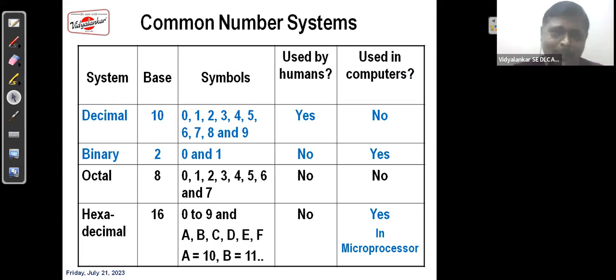Any answers? Anybody knows why we use these alphabets? Anyway, I will tell you because there is a reason.